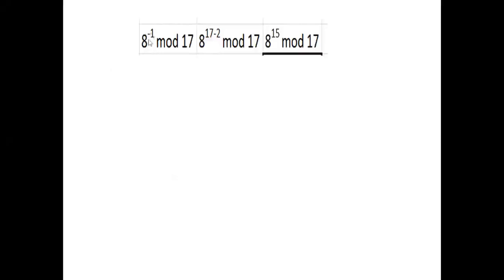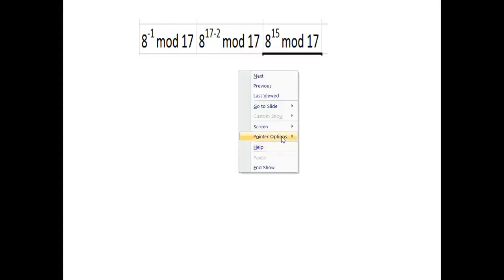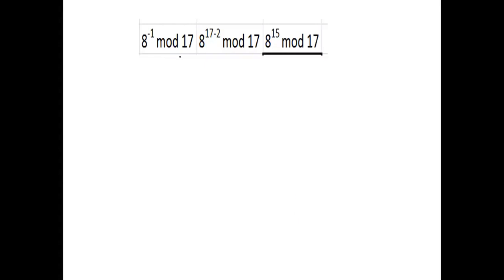So 8 power -1 modulo 17 can be calculated by using 8 power 17 minus 2. Since this is 17, 8 inverse modulo 17 means 8 power 17 minus 2 mod 17, which is equal to 8 power 15 mod 17.